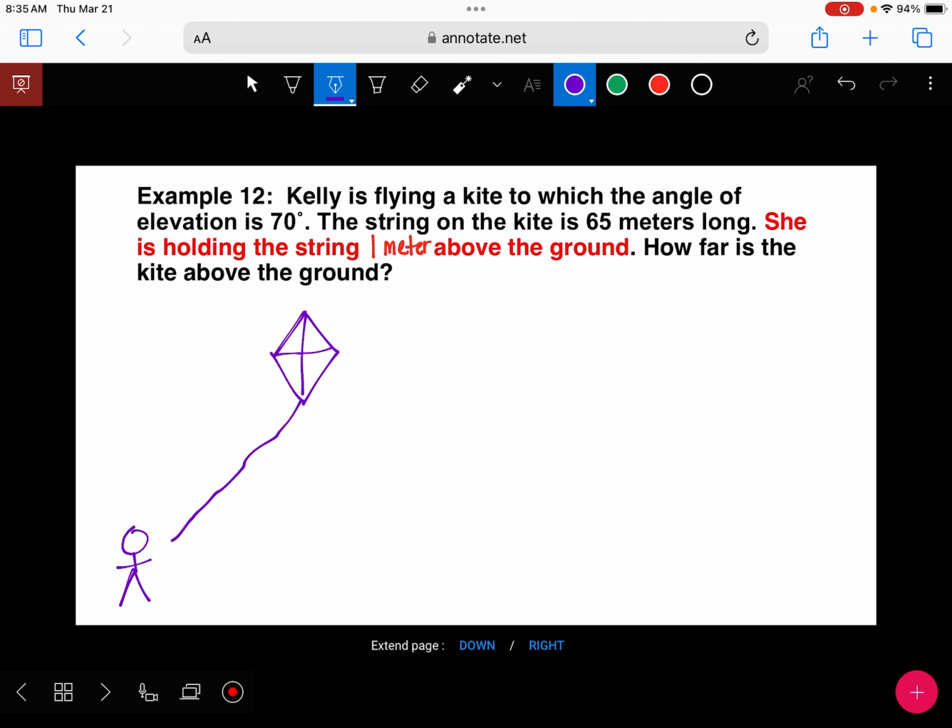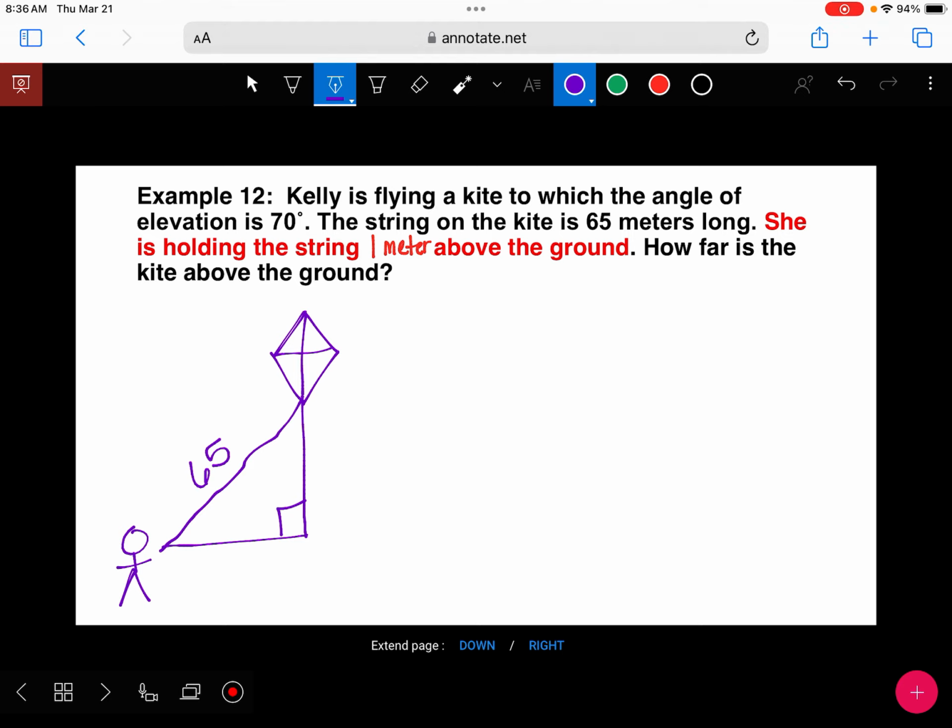Okay, so she's holding a kite. The string of the kite is 65 meters. And remember, she's holding it 1 meter above, but that doesn't really come into play yet. So with that string, we have our right triangle.